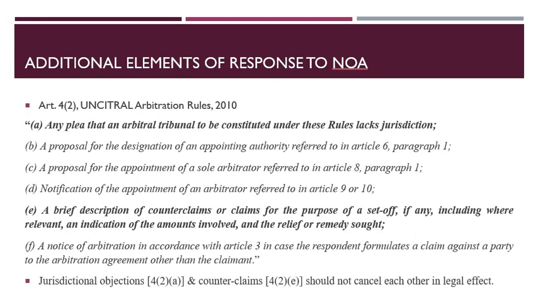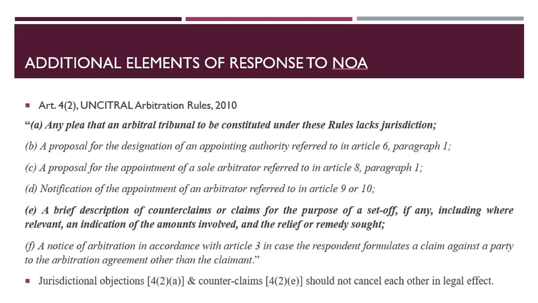These are captured in Article 4.2 of the International Arbitration Rules. A. Any plea that an arbitral tribunal to be constituted under these rules lacks jurisdiction. B. A proposal for the designation of an appointing authority referred to in Article 6, paragraph 1. C. A proposal for the appointment of a sole arbitrator referred to in Article 8, paragraph 1.